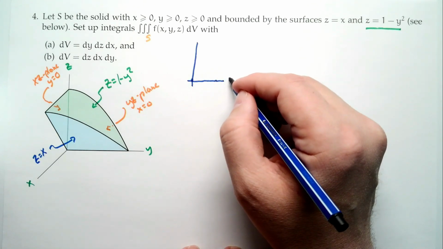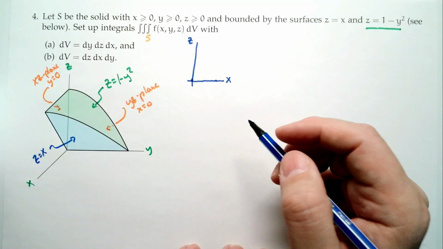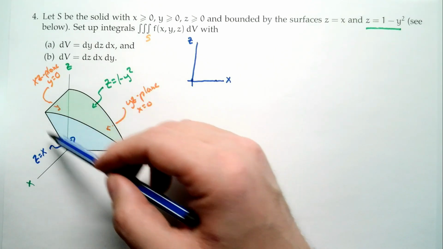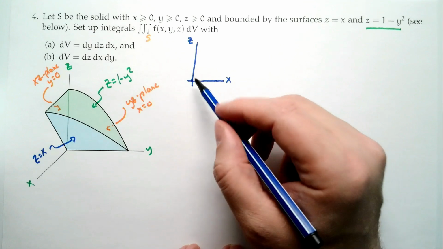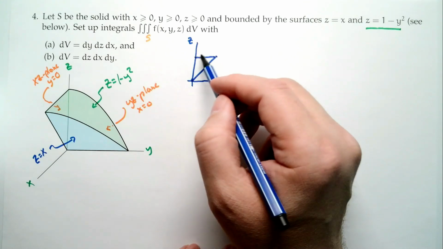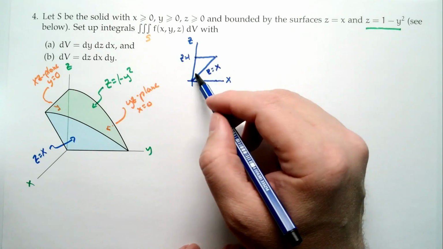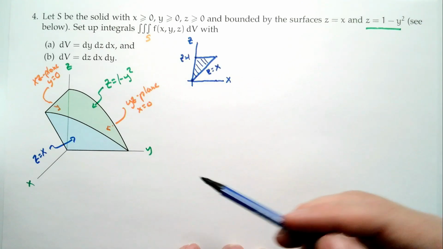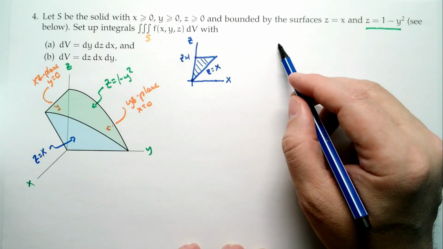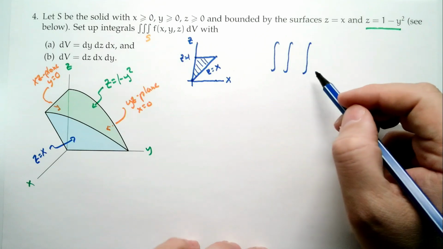What I will see is the xz plane. And so, what does that look like? Well, it looks like this triangle that we see here. So I have this line coming out, and then here I have z equals 1. And that's the triangle that I see as I look down the y-axis. So now, that can help me get my bounds figured out. So integral, integral, integral.